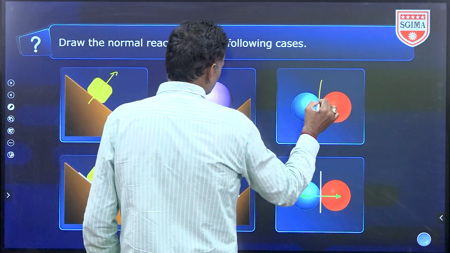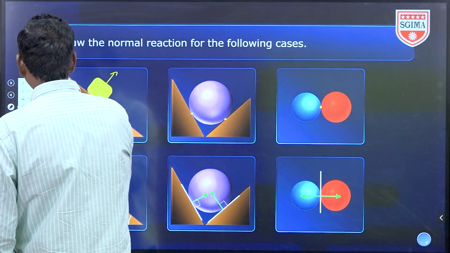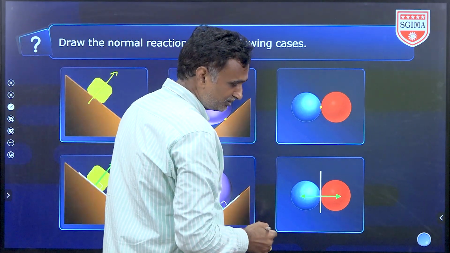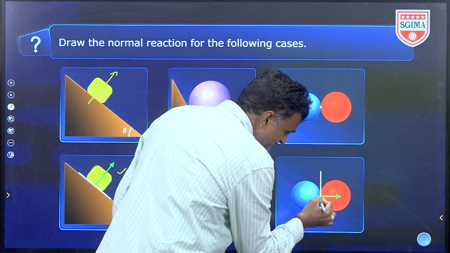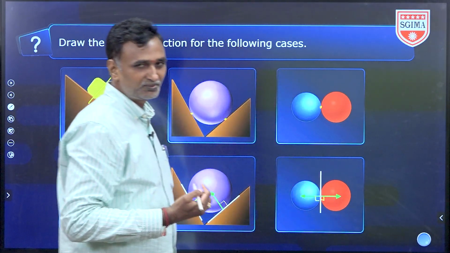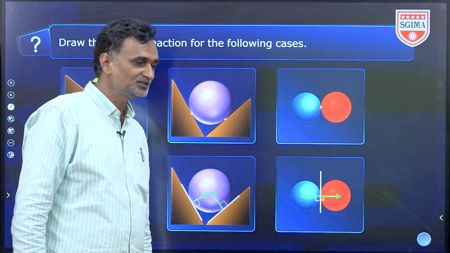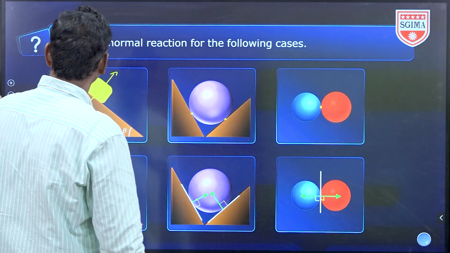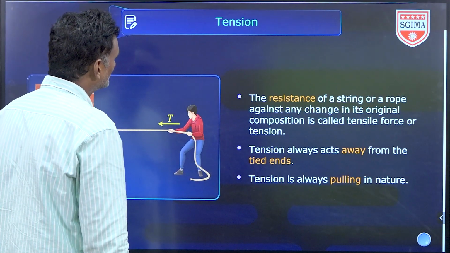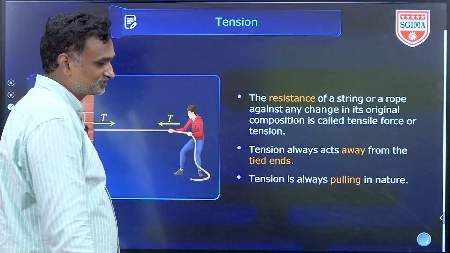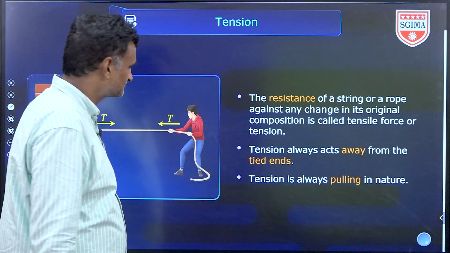So for this tangent the normal forces must be perpendicular. So here you can see this is perpendicular, this is also perpendicular. So this is the way we can draw the normal reactions in different scenarios. Next, tension. It also comes under contact force only.